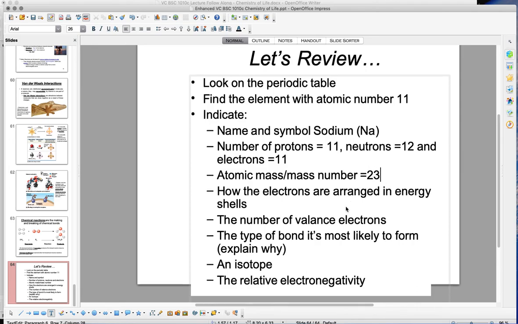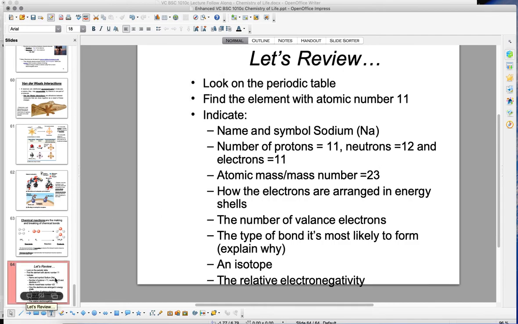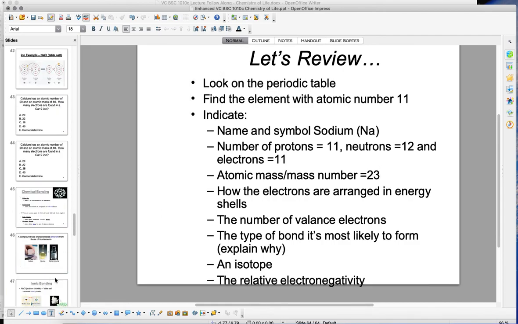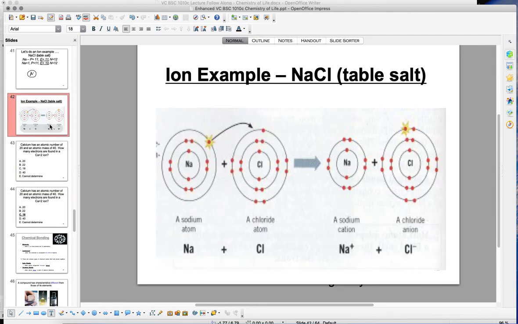How are the electrons arranged in energy shells? I'm not even going to try to draw this out again on that page. For sodium, remember we have 2 in the first shell because we've got 1 orbital. Then there are 4 orbitals in the next shell, and each can hold 2, so we've got 1, 2, 3, 4, 5, 6, 7, 8, 9, 10.